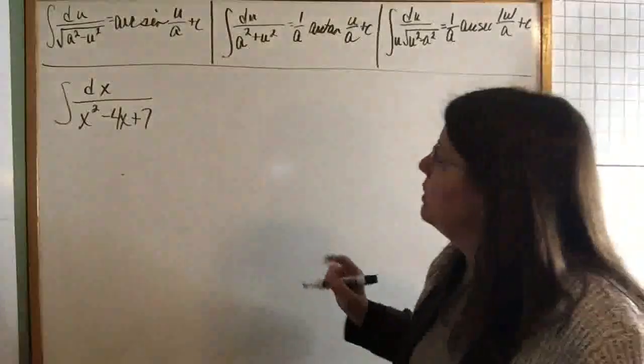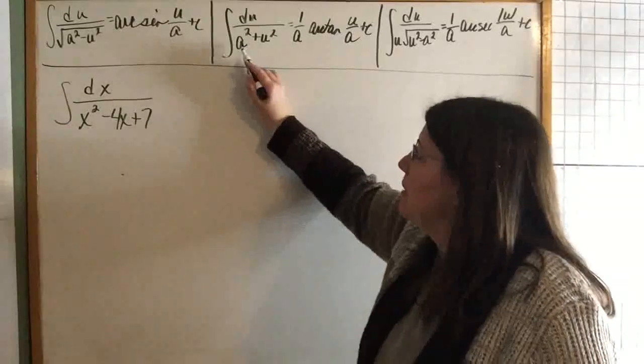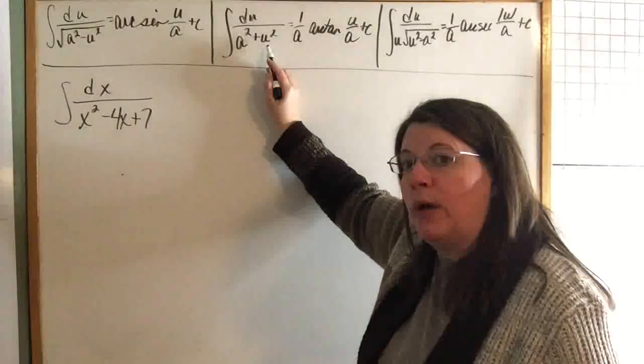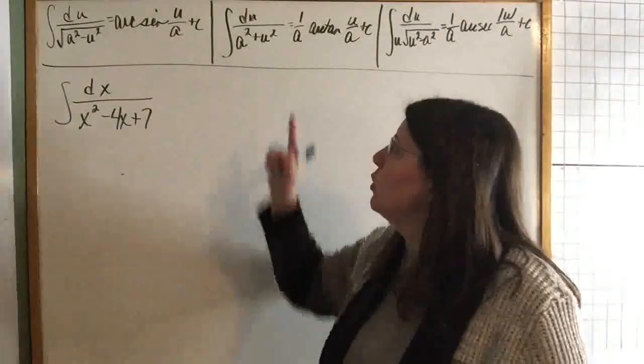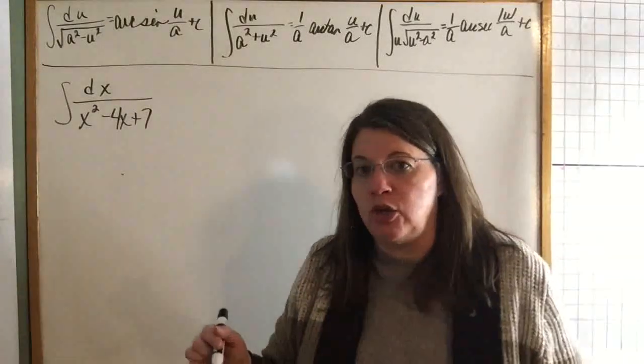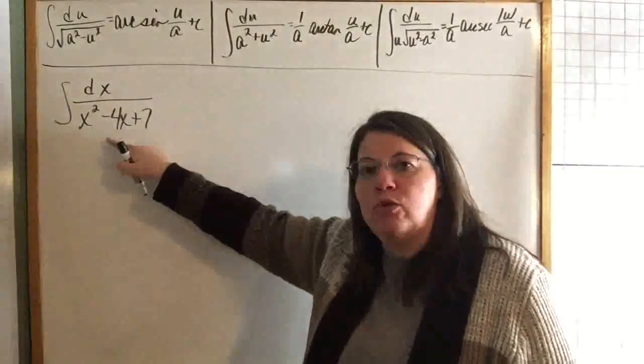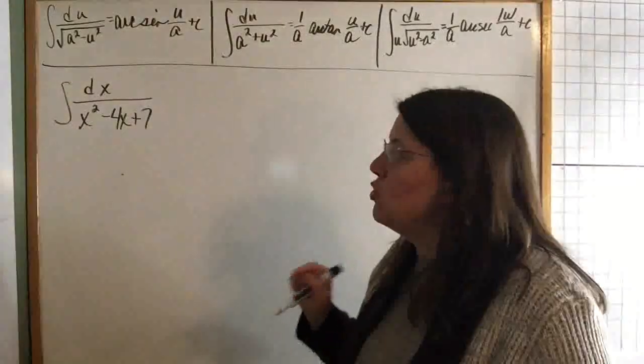So what I need to do is get the bottom part so that I've got something squared plus something squared. And remember, your u part is going to be the part that has the x value in it. So the only way to get this so that I have two square parts is to complete the square.